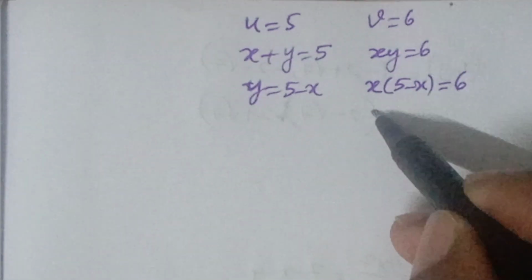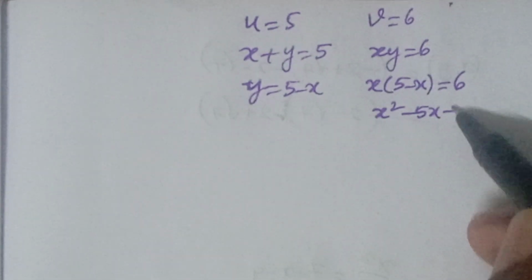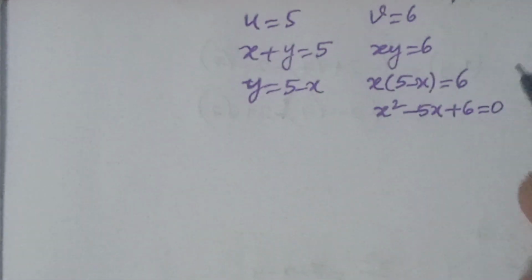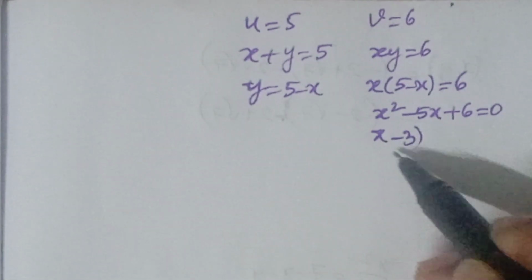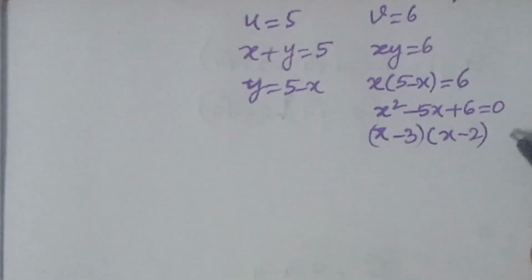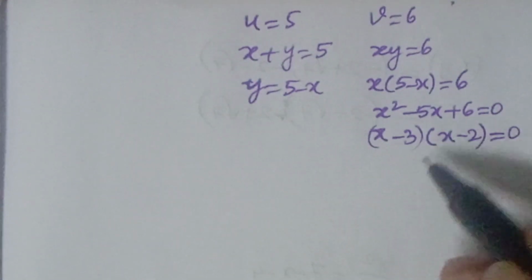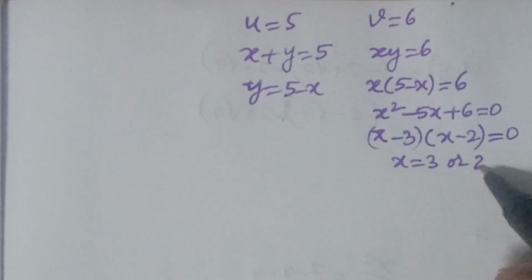Now you will get a quadratic: x square minus 5x plus 6 equal to 0. If you find the factors of this, we will get x minus 3 into x minus 2 equal to 0, so x equal to 3 or 2.